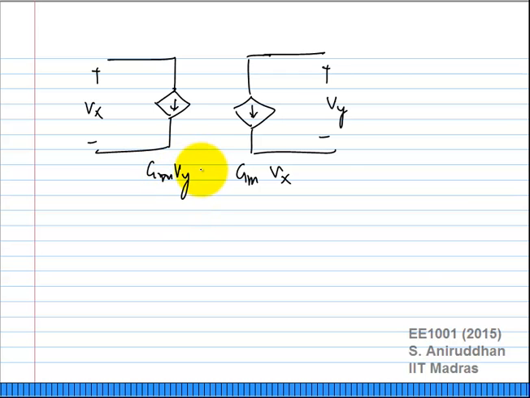What are the H parameters of this particular network?